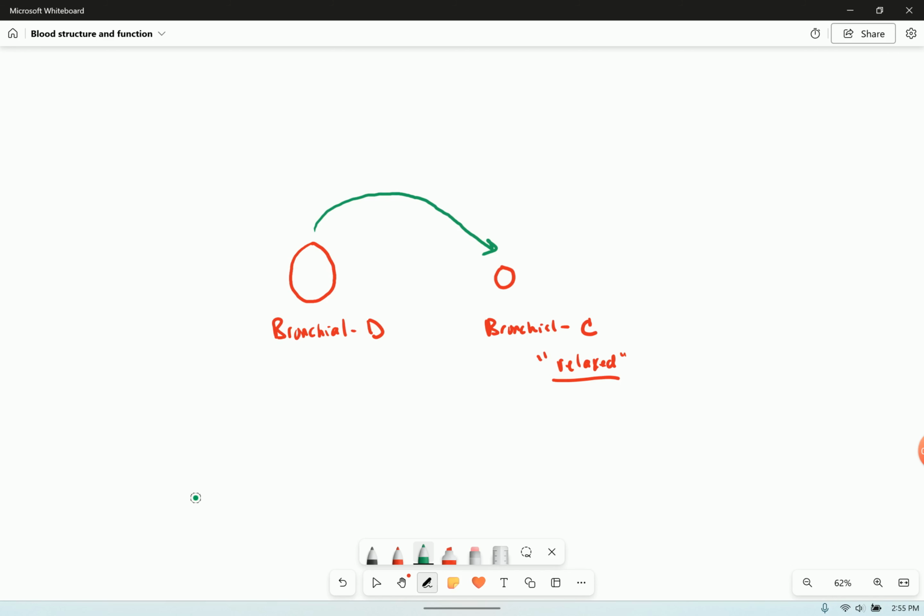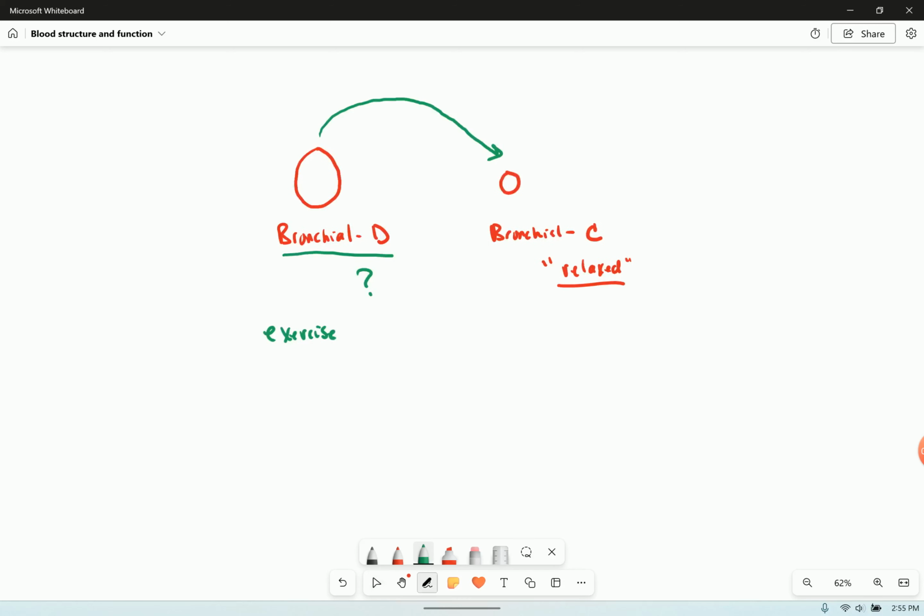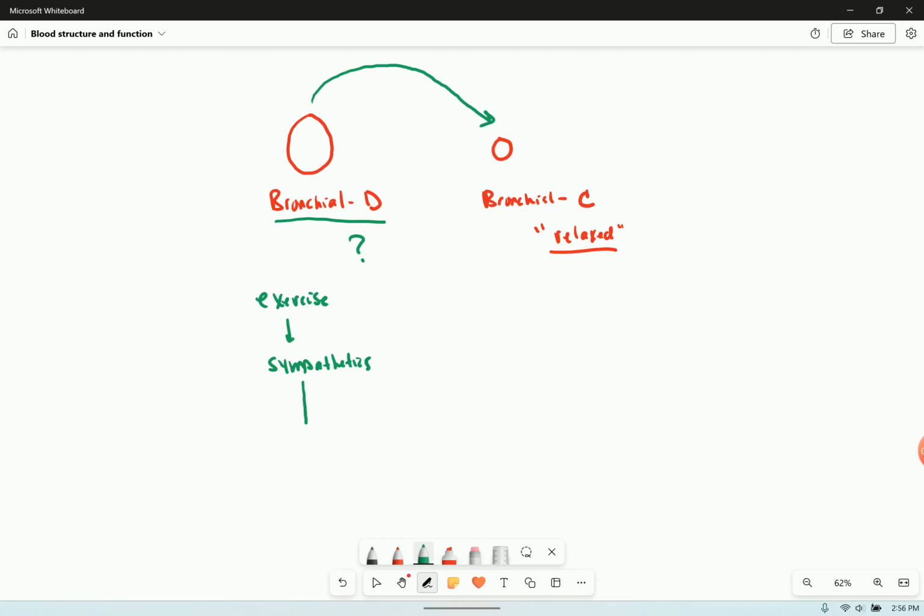Now, why would you be in bronchial dilation? Well, one answer is exercise. When you exercise, you are putting yourself in sympathetics. The reason why your tissue and organs, your heart and all the things inside of us, know to be in sympathetics is because of epinephrine, norepinephrine.